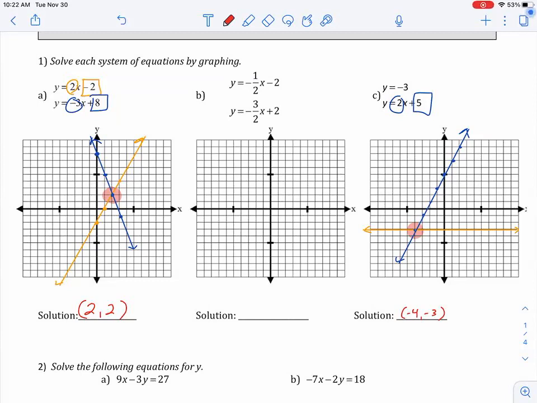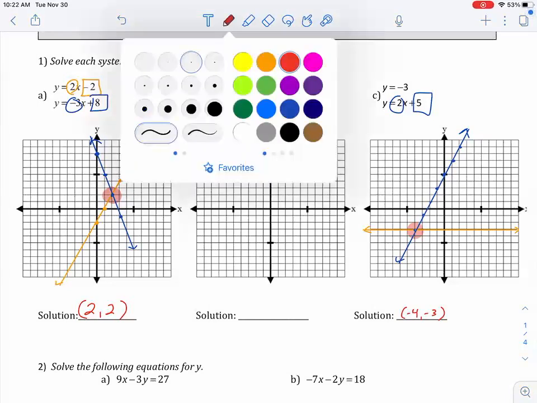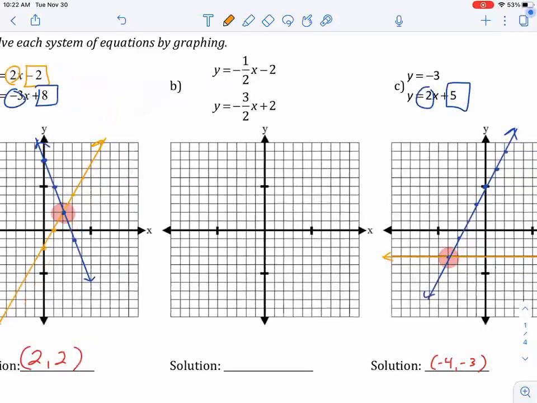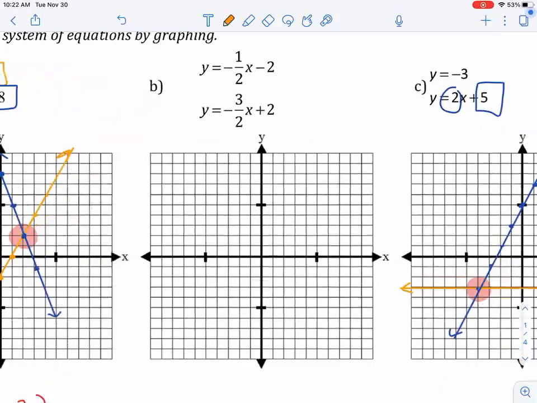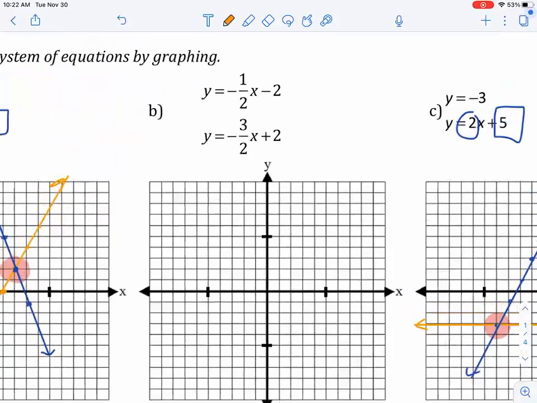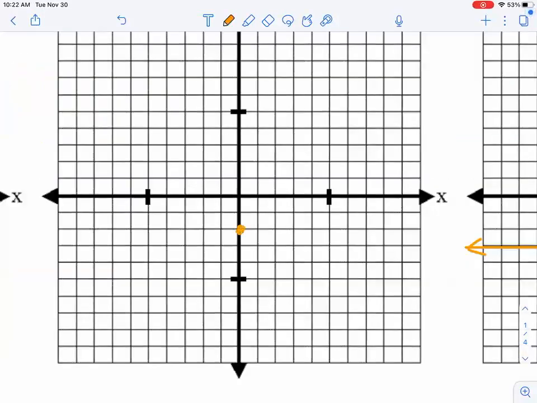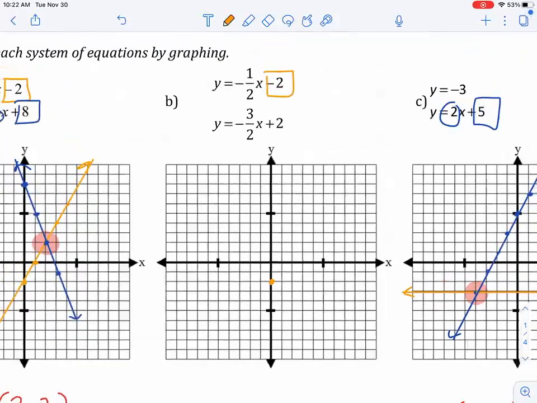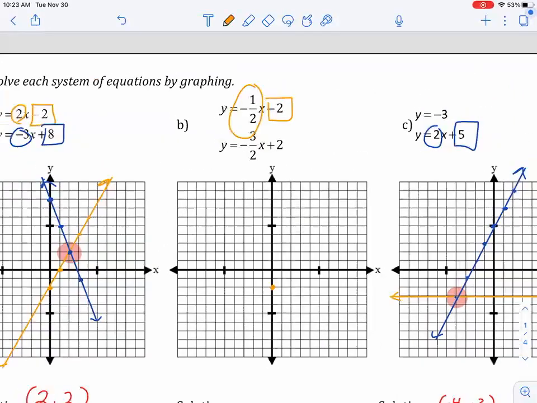All right, so let's take this top equation, and I'll do that in orange. So I'm going to have a y-intercept at -2. So I'll put a dot on the y-axis at -2. And then we have a slope of -1/2.